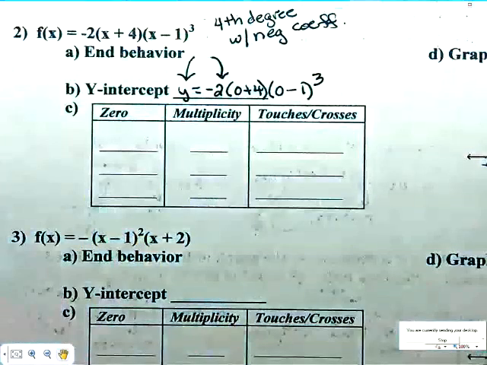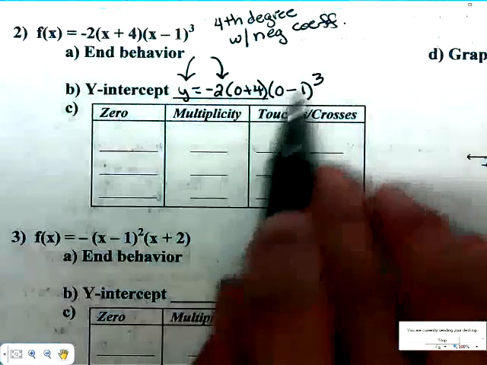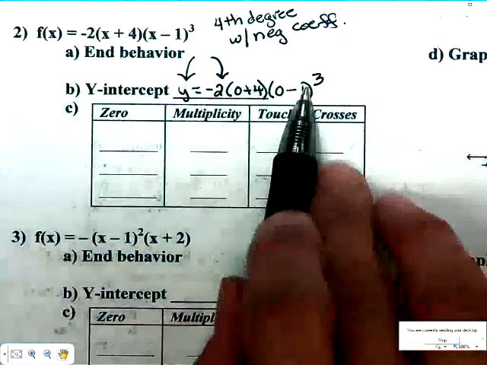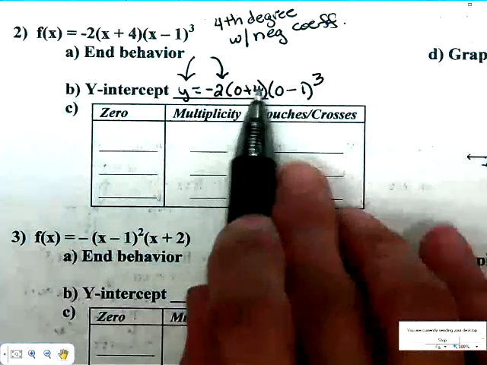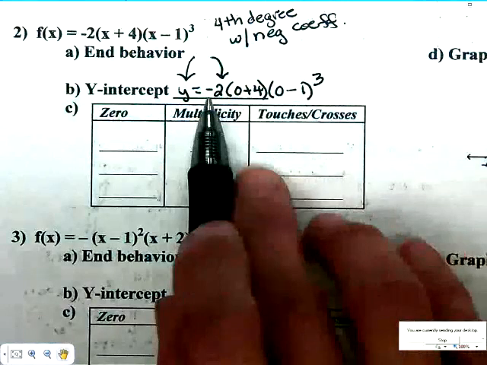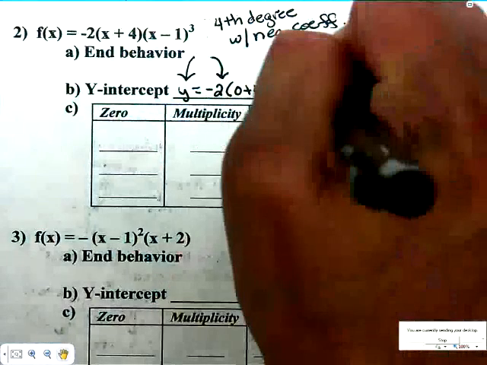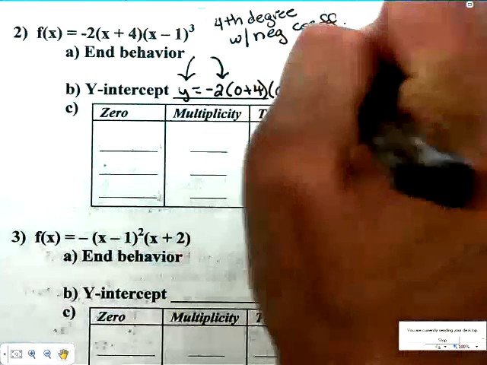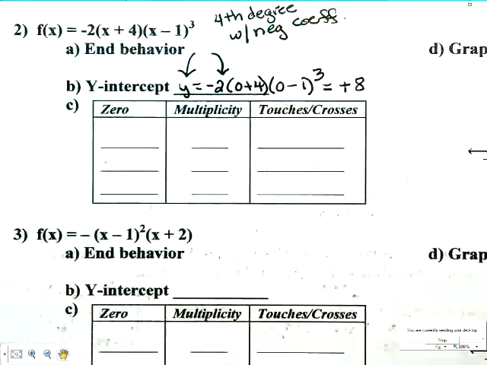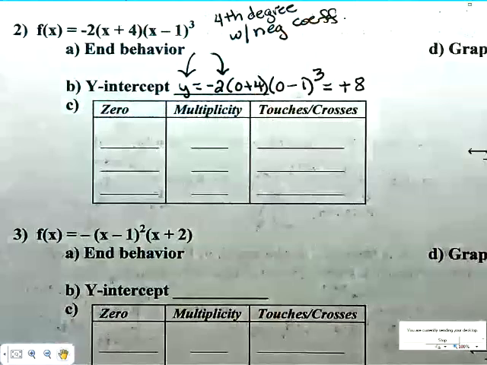This -1 cubed is -1. -1 times 4 is -4. -4 times -2 is -8. I'm sorry, positive. I caught that one myself. Positive 8. Negative 2 times negative 4 is positive 8.